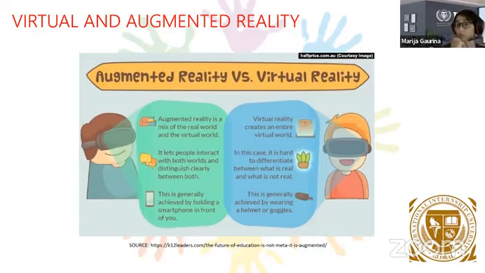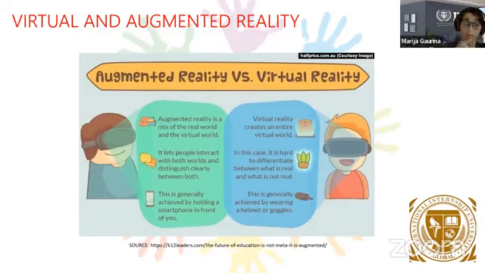For virtual reality, you need technology that is more expensive, and it is not something that you always have in your schools. Sometimes there is a financial problem to do virtual reality, but augmented reality is more popular for teachers and for students.